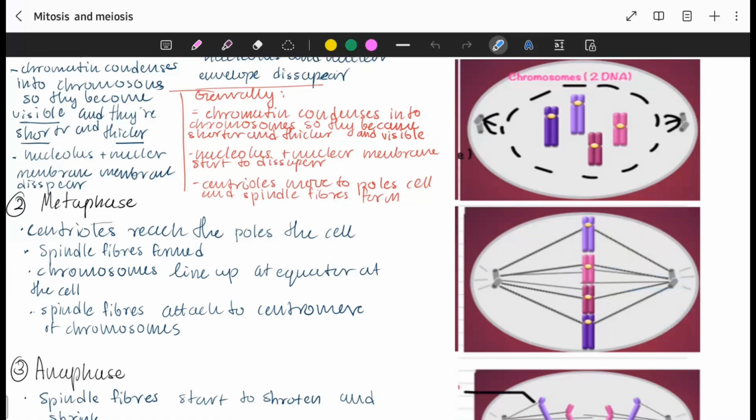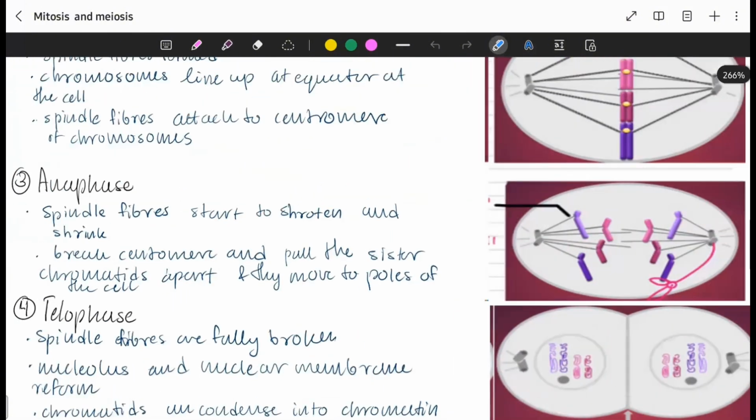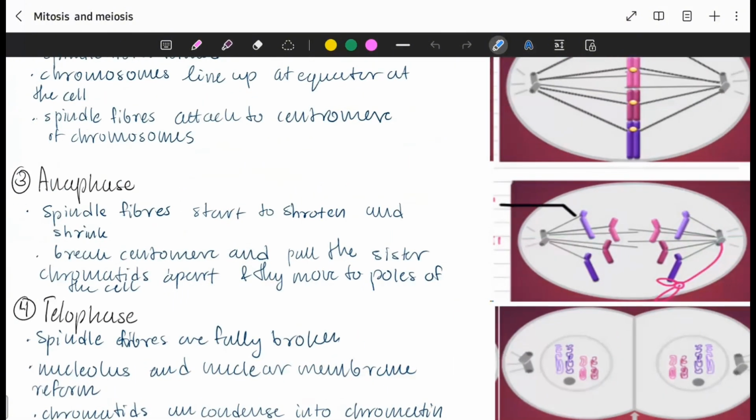Okay, so that's metaphase. For anaphase, the spindle fibers that were attached now start to pull. They shrink and shorten, pulling the chromosomes to opposite poles. That breaks the centromere, and the sister chromatids are pulled apart.